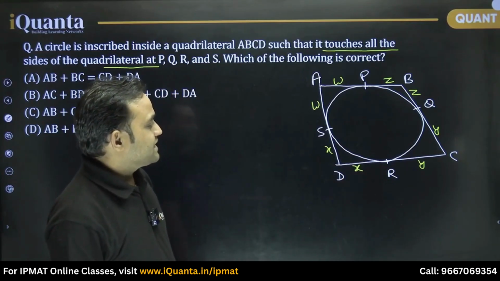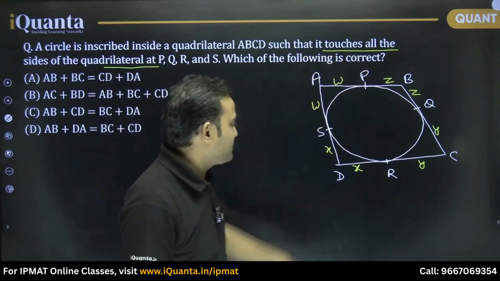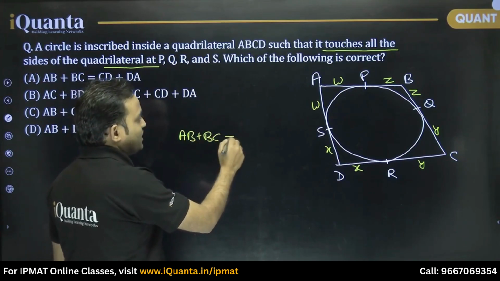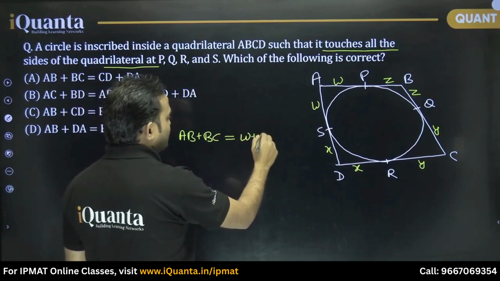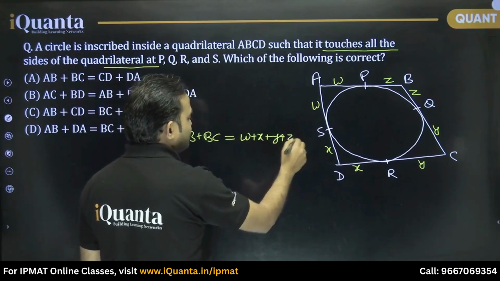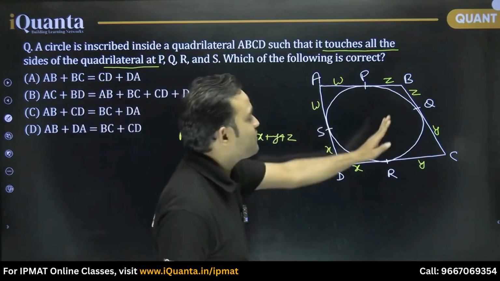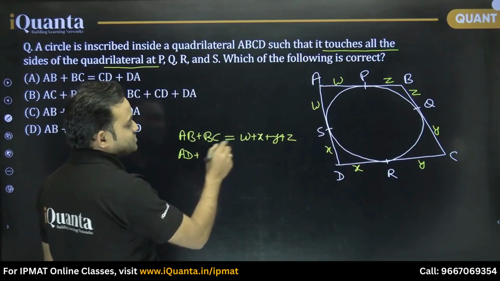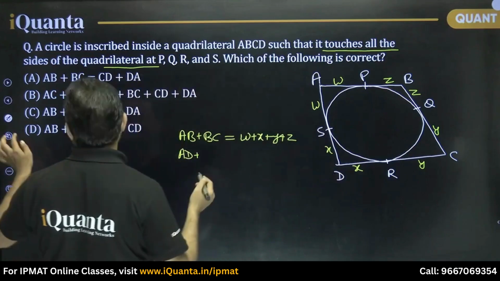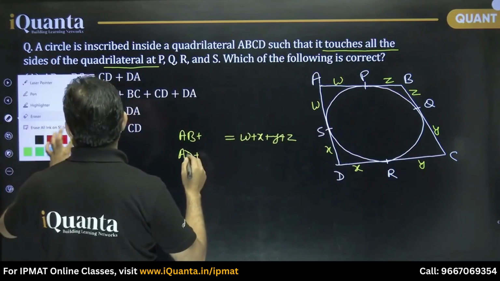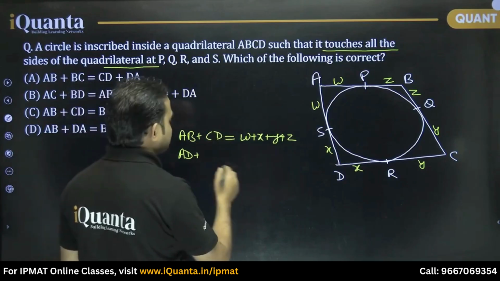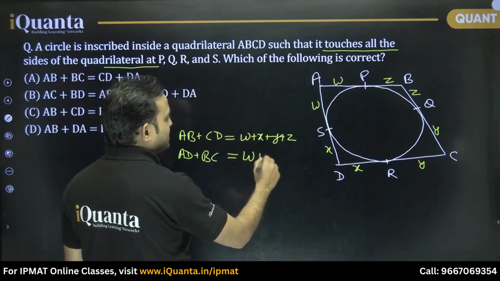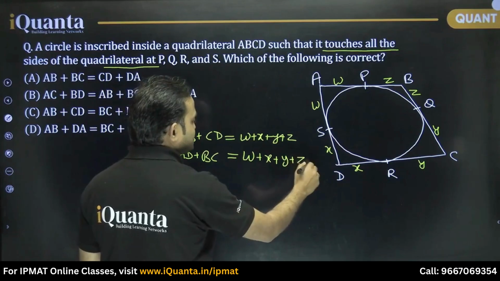If I take the sum of opposite sides AB plus CD, what I get is W plus X plus Y plus Z. And similarly, if I take the other pair of opposite sides, which is AD plus BC, this will be equal to, again, W plus X plus Y plus Z, right?